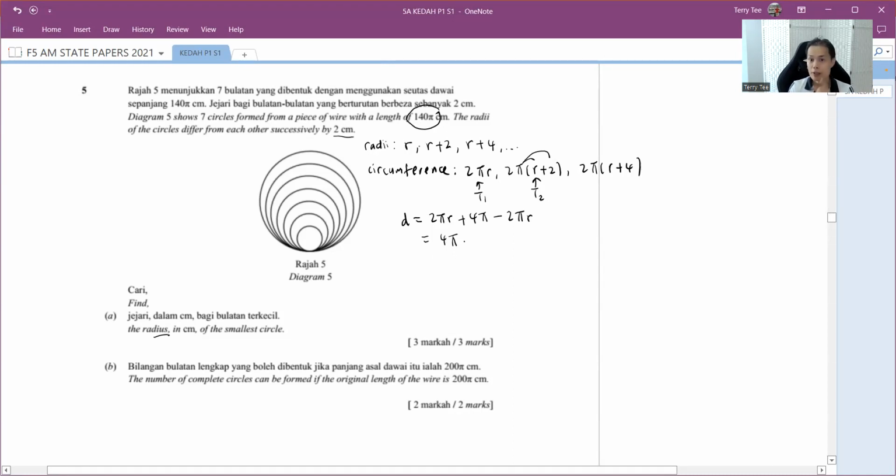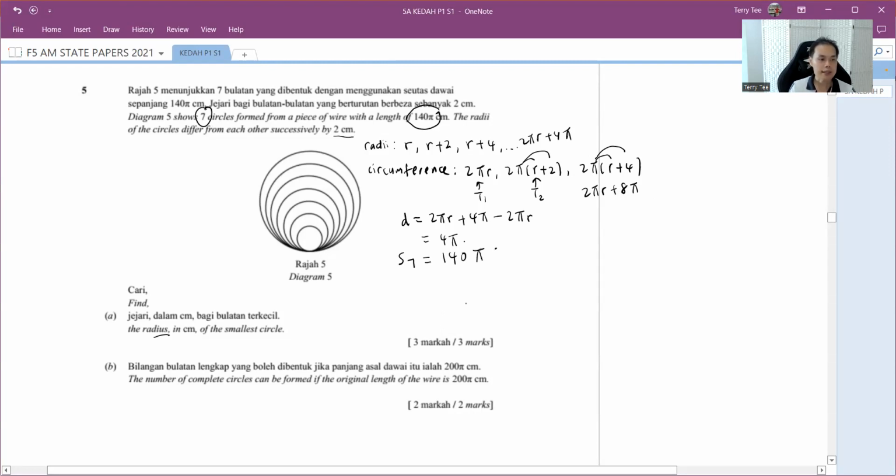If you multiply this inside, this is going to be 2 pi r plus 4 pi, and the next is 2 pi r plus 8 pi. You minus your 4 pi, the difference is also 4 pi. So it is arithmetic, but how many circles do we have? We have 7 circles. So we know S7 must equal 140 pi.